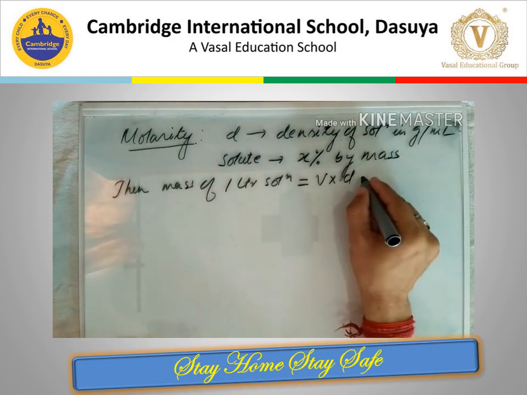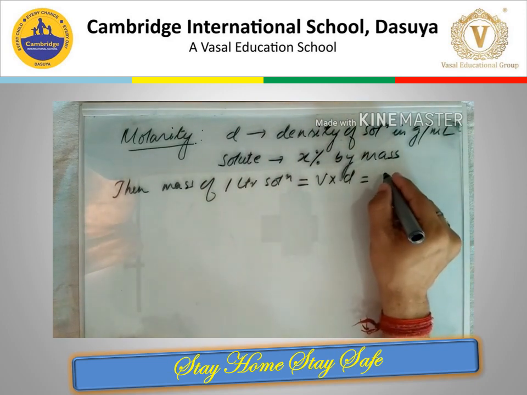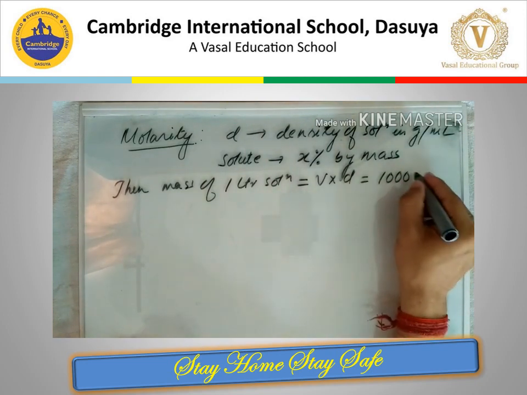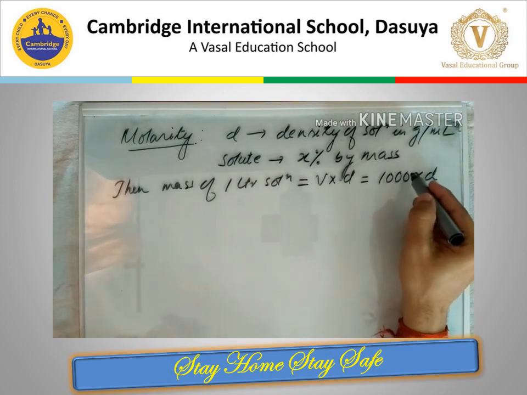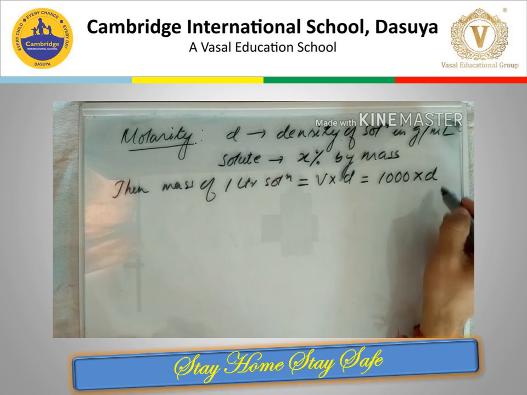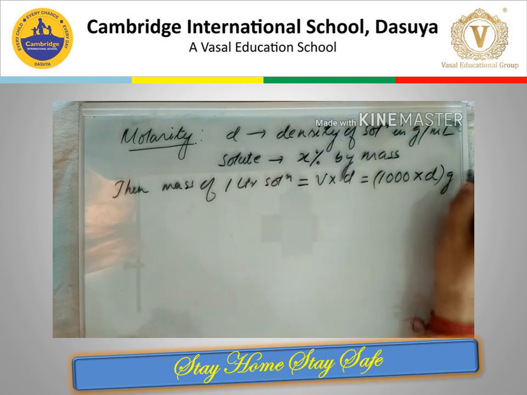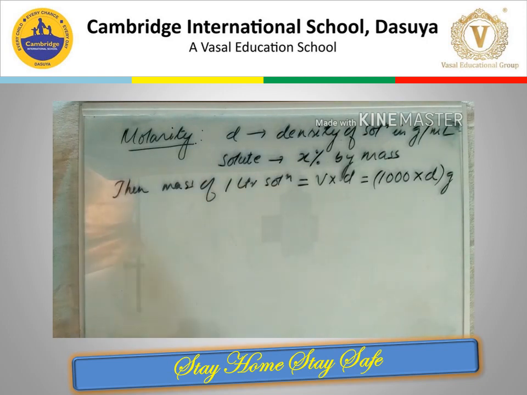So we get 1000 into density. ml, gram per ml, ml cancels out, so this will be in gram. So mass of 1 liter solution is 1000 into D gram.